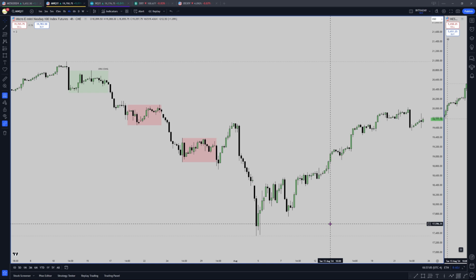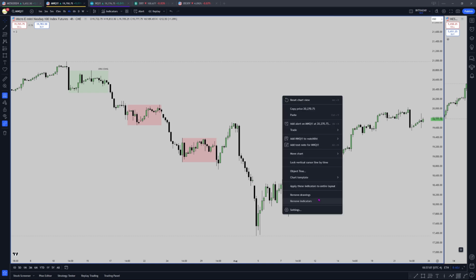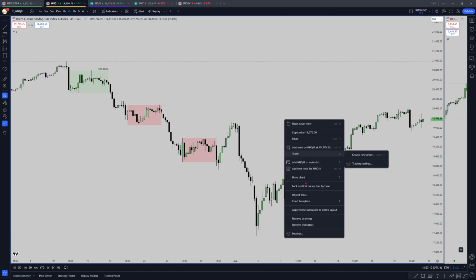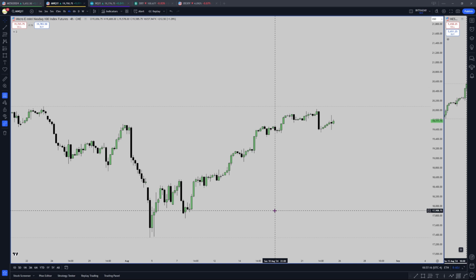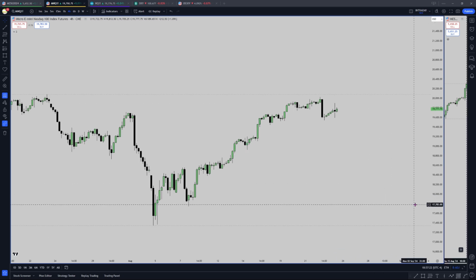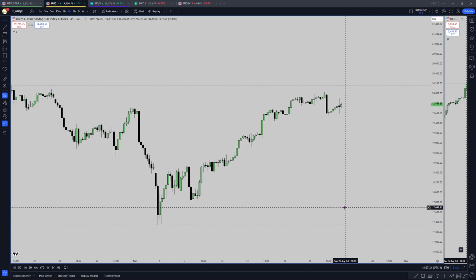I honestly did not paper trade. I just traded one micro until I actually developed a good strategy. I also don't recommend backtesting because there's a lot of hindsight involved, and you're basically just hunting for entry models.